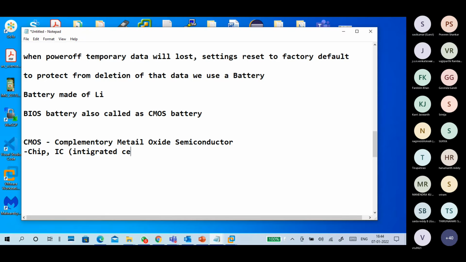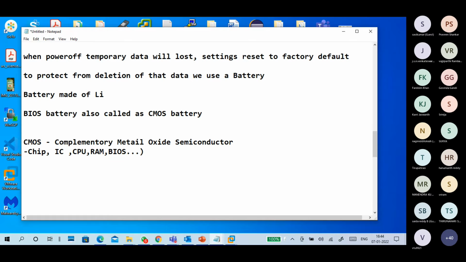You can write that it is integrated circuits: your CPU, your RAM, your BIOS chips, all are manufactured with CMOS technologies.